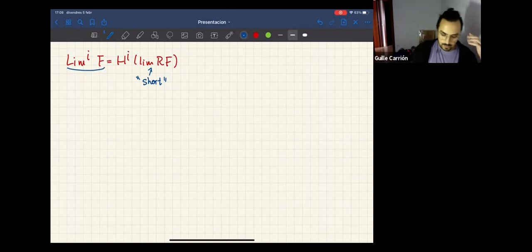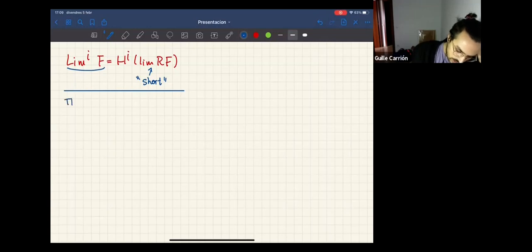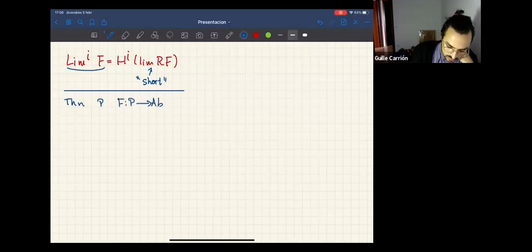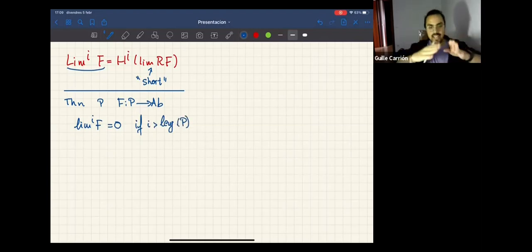Also I want to recall this theorem: if you have a poset P and a functor here, we know that these higher limits vanish if i is greater than the length of P, that is the maximum of the lengths of the chains.